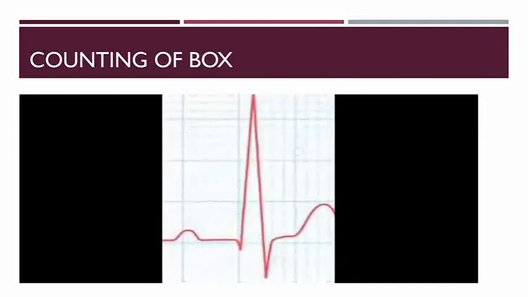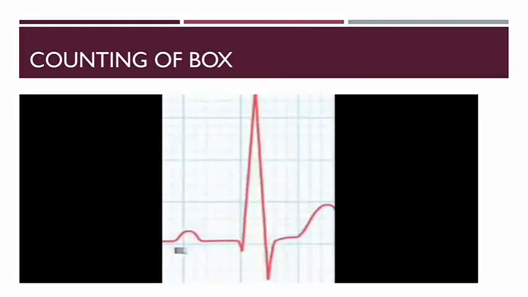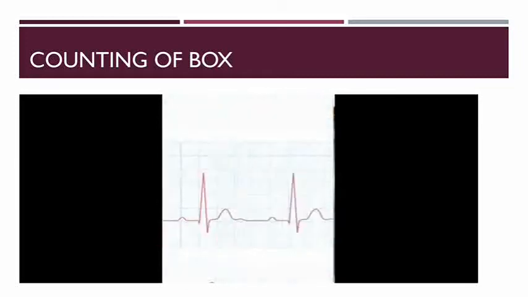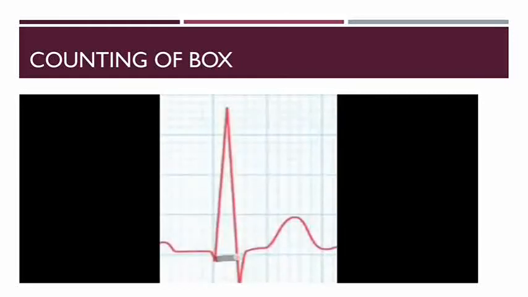Then PR interval, from the beginning of P wave to the beginning of QRS complex, usually includes 3 to 5 small boxes. So it takes 0.12 to 0.20 second. QRS complex, when we count the small boxes it covers, is around 2.5 to 3.5 boxes. So it takes 0.06 to 0.10 second.